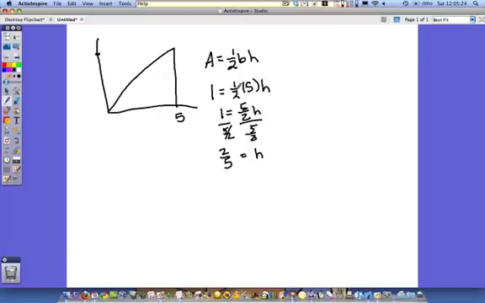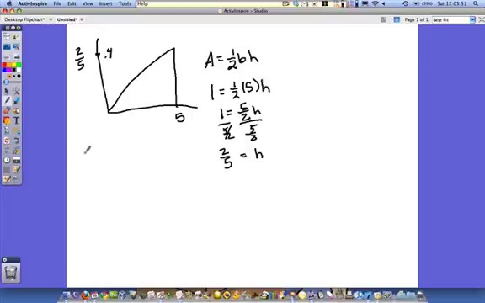You can make that 0.5. 0.5 times 5 is, I'm sorry, 5 divided by 2, or 5 times 0.5 is equal to 2.5. So you can do it all with decimals too, and it'll work out just fine. So I'm going to go ahead and put that as 2/5. 2/5 is also 0.4, so it could also be 0.4 up there if you did it with a calculator. So we know that the triangle is 2/5 of a unit high.